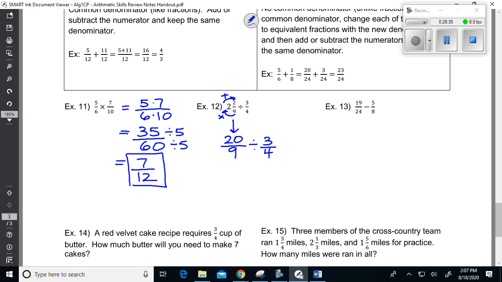Now, does anybody remember keep, change, flip? Or heard of keep, change, flip? There we go. I see a couple hands in there. So we keep the first fraction, change division to multiplication, and we flip the second fraction. So 20 times 4 is 80. 9 times 3 is 27.